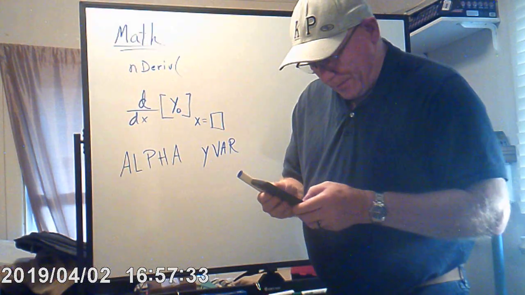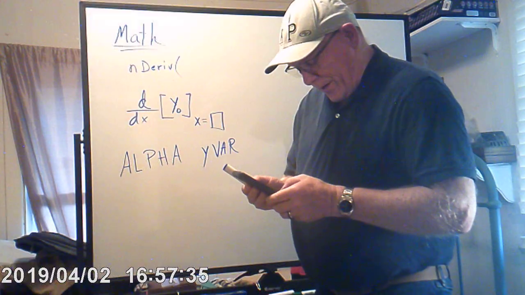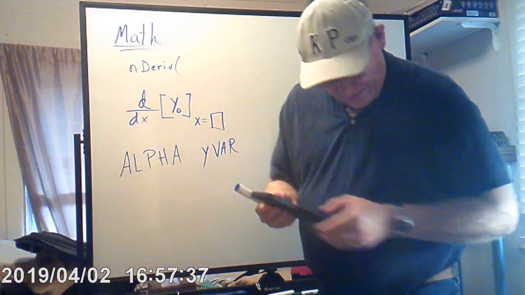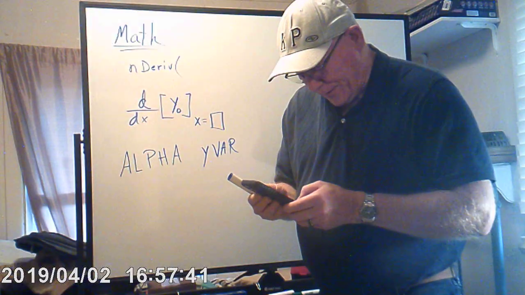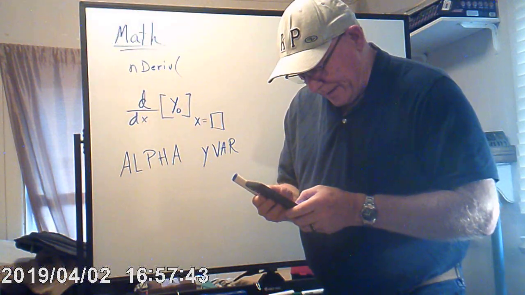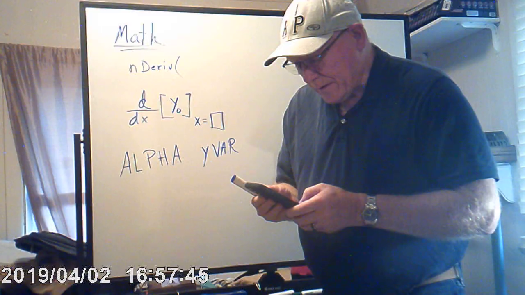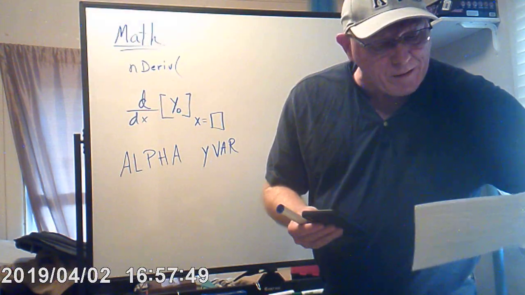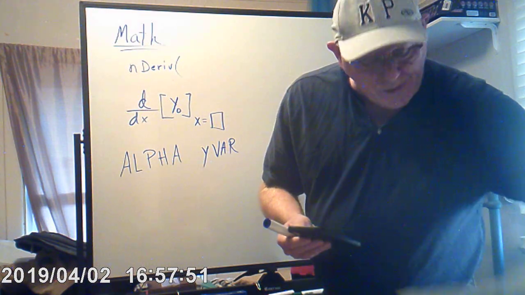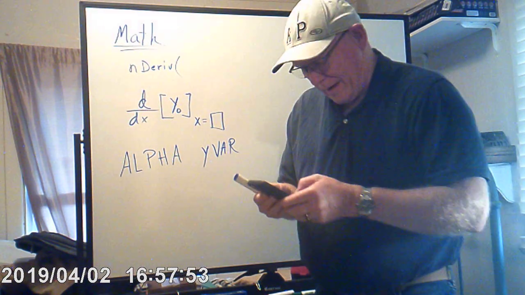So I need to put it back in there. 450, sine of 0.6, 0.62 x. No wonder I didn't come up with an answer.